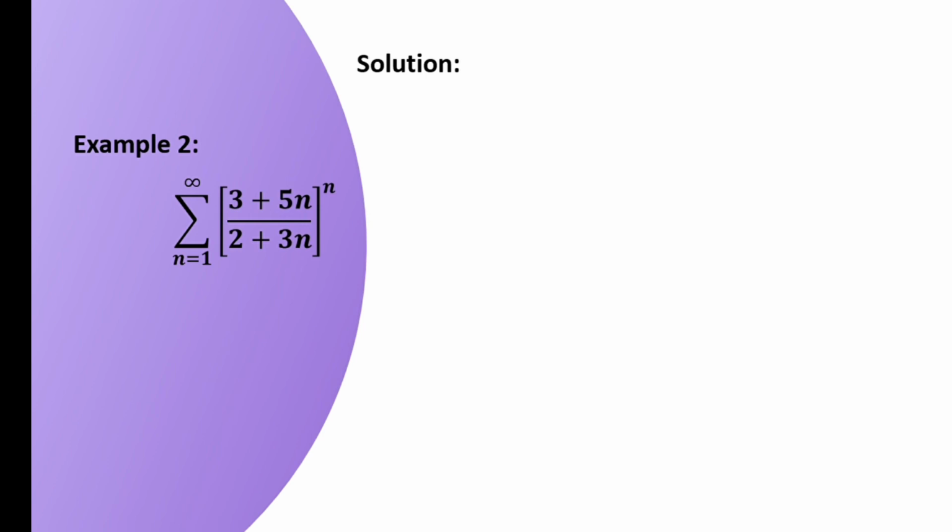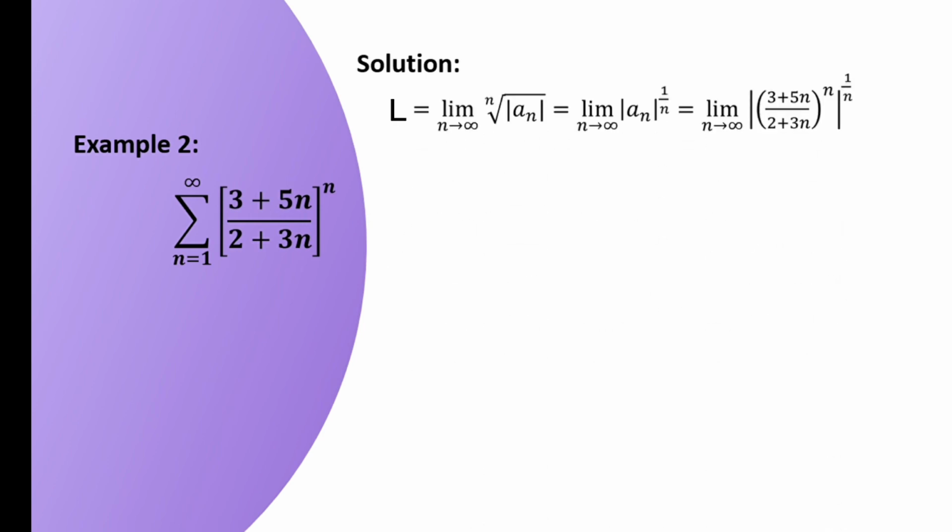The formula for the root test, L equals the limit of the nth root of the absolute value of a sub n as n approaches infinity. And also remember that this formula is equal to L equals the limit of the absolute value of a sub n raised to the power of 1 over n as n approaches infinity.